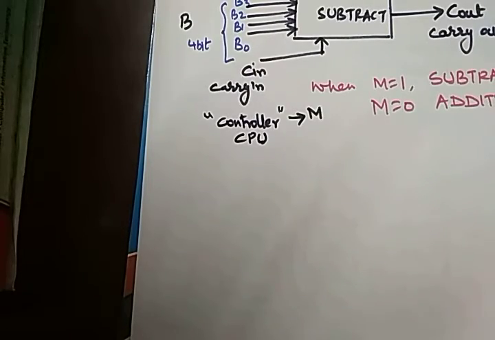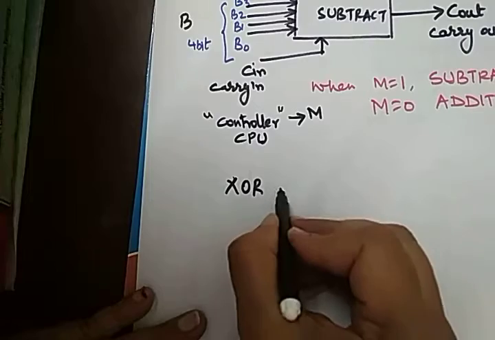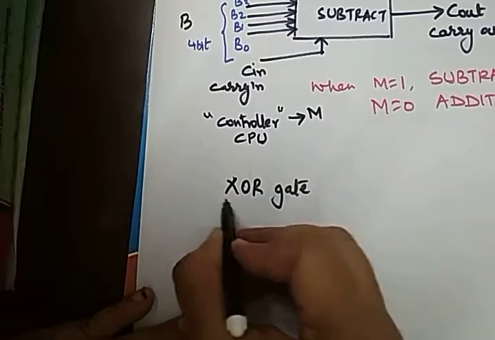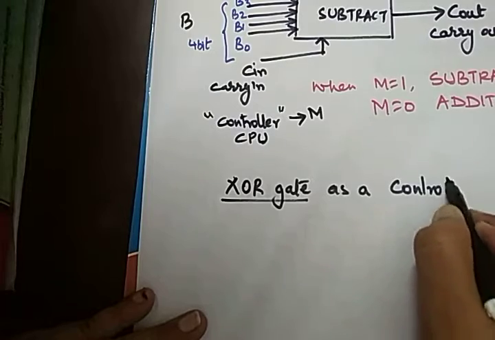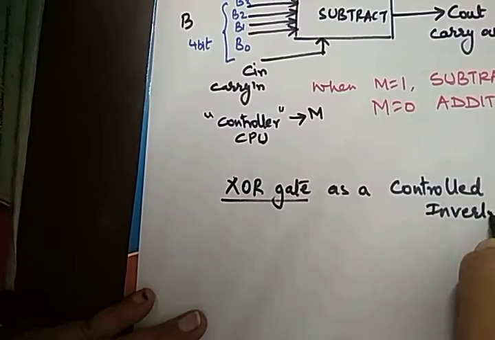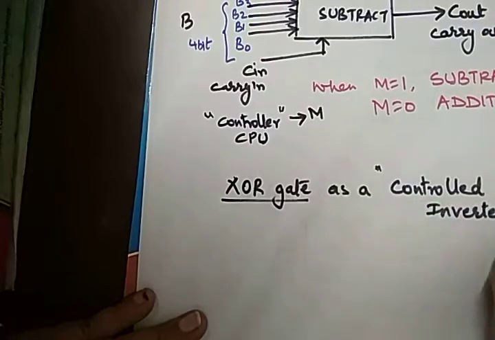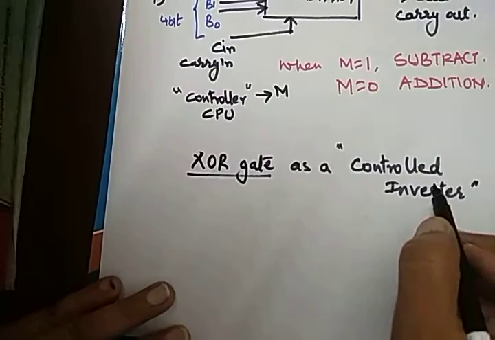In this combination, the XOR gate is used as a controlled inverter. What do we understand by controlled inverter?